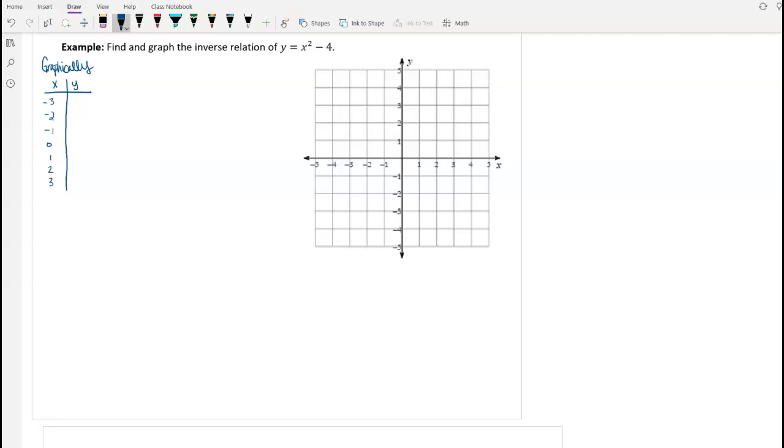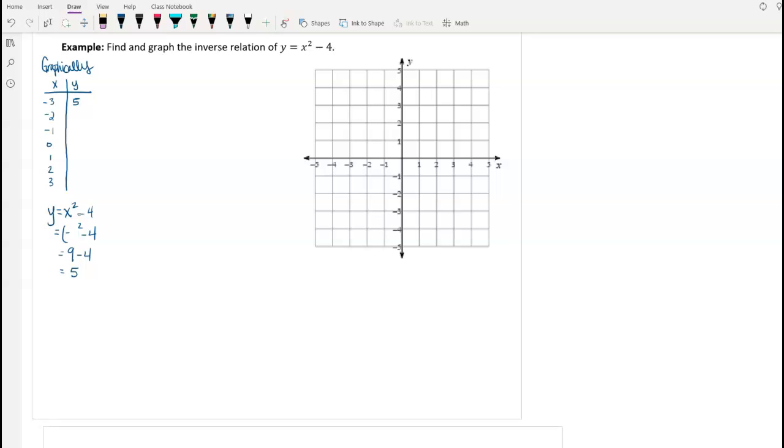Now I'm going to show a little bit of work here. We have y equals x squared minus 4. Let's substitute in -3. So -3 squared minus 4, we get 9 minus 4, which is 5. So now we have a y value of 5.